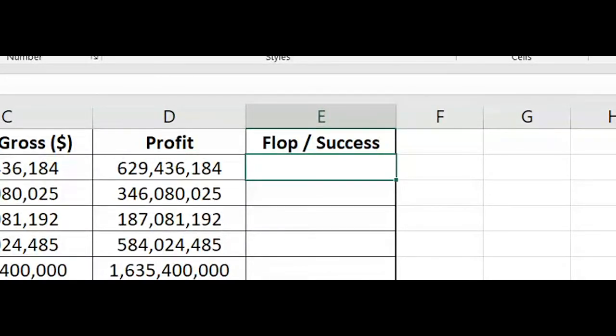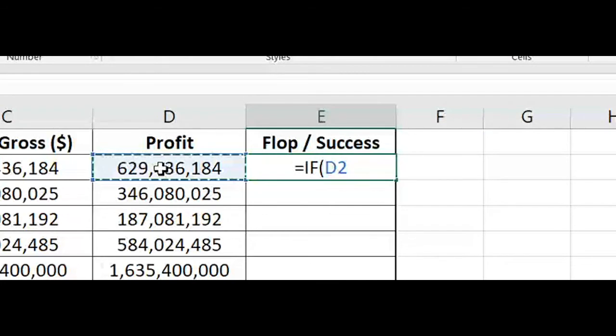Followed by the if function, or let me make it capital letter. And then the open parentheses. And then let's click on the profit because this is the profit of Spider-Man 3. There.